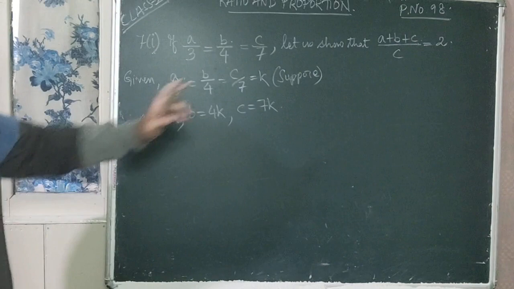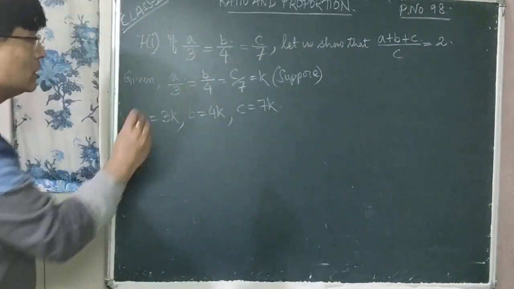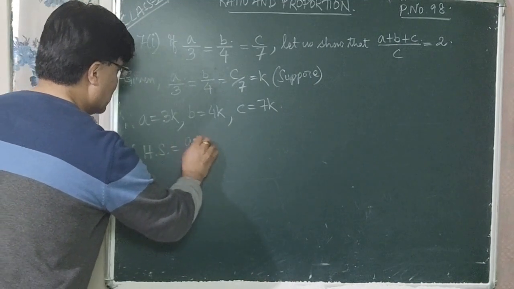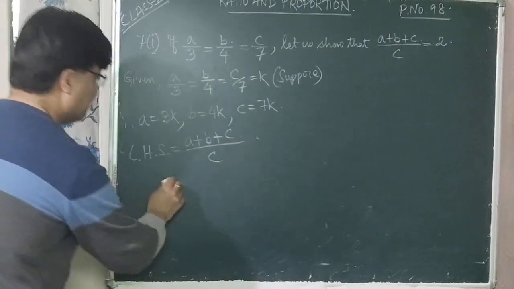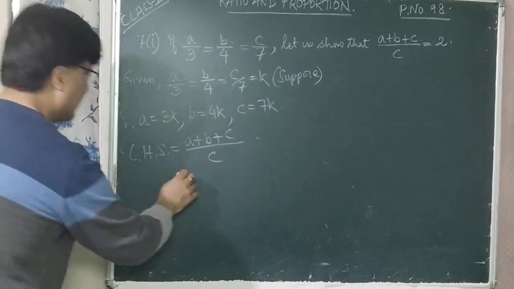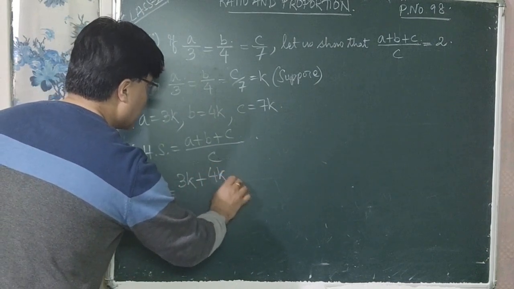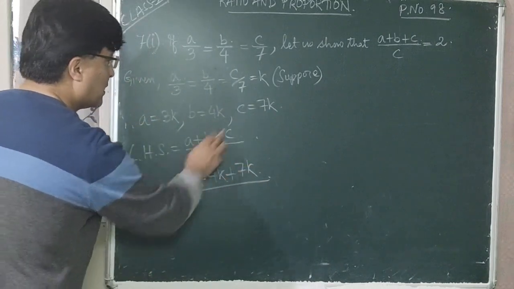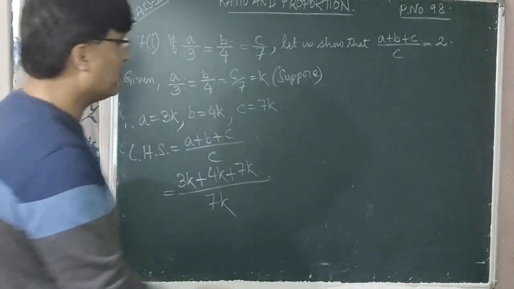Is that clear? Now let us prove that (a + b + c) divided by c is equal to 2. So let us write down the left hand side here. LHS is equal to (a + b + c) divided by c, which is, what is the value for a in this case? It is 3k. What is b? 4k plus what is c? 7k divided by what is c again? You put 7k. Now let us simplify it further.